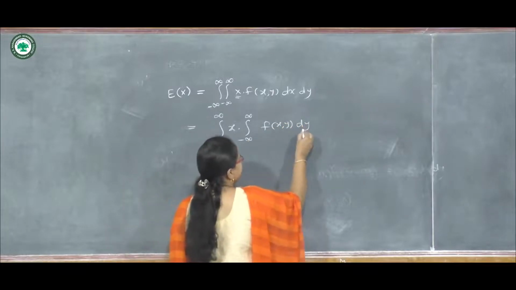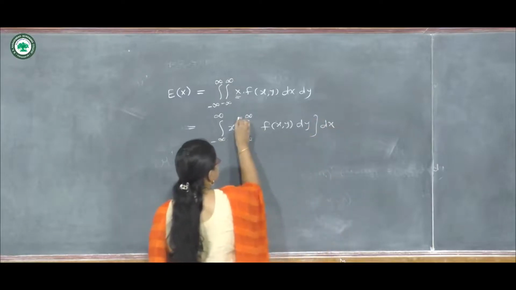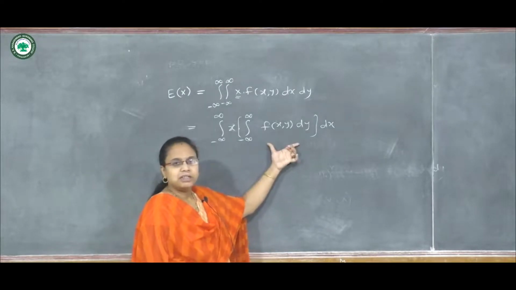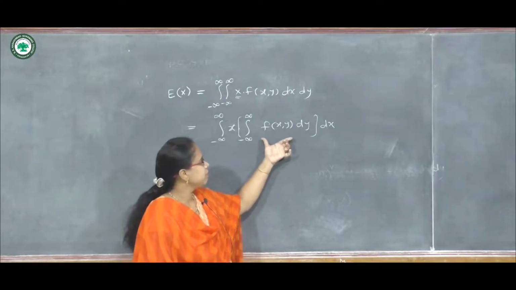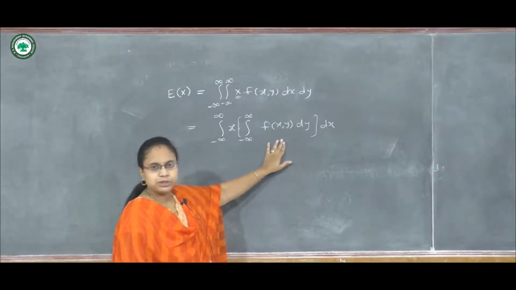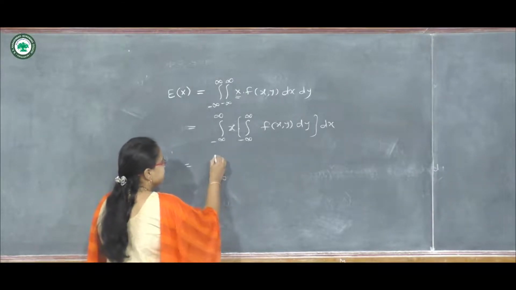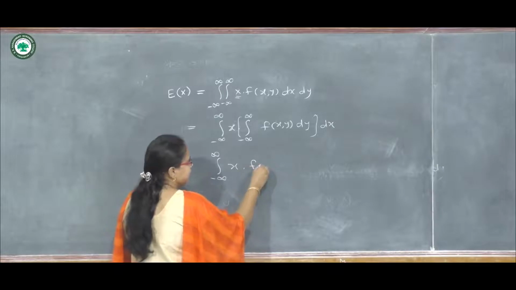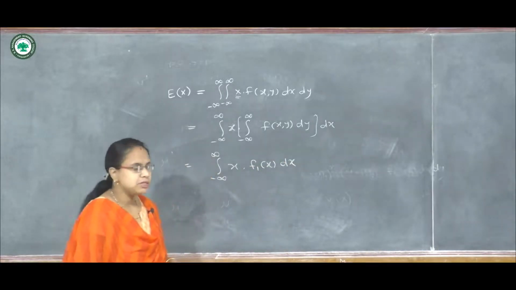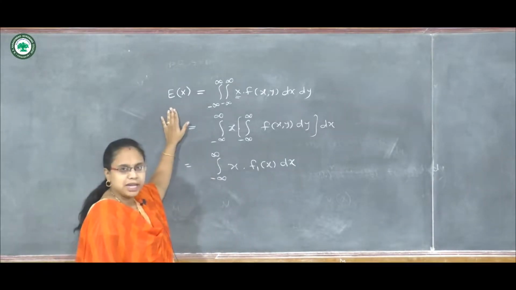So this is integration of f dy, into dx. But here we can note that in the bracket it is the marginal distribution of x. We have seen earlier that this is the marginal distribution of x. So integration x into f1 of x dx. So for simplification purposes, this can be used for calculating the expected x.